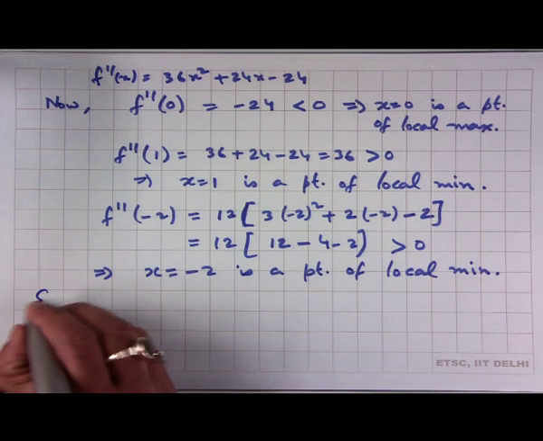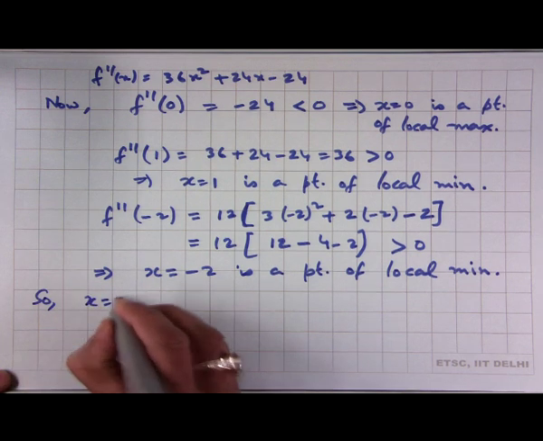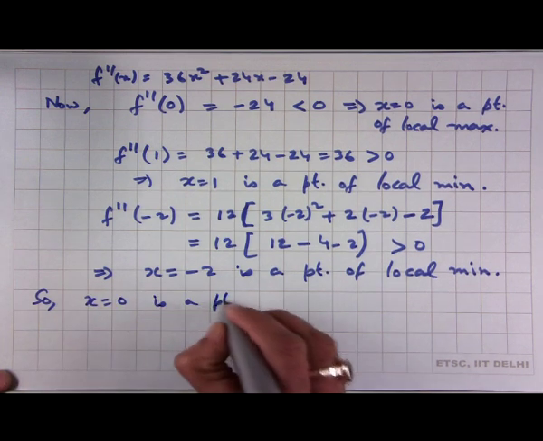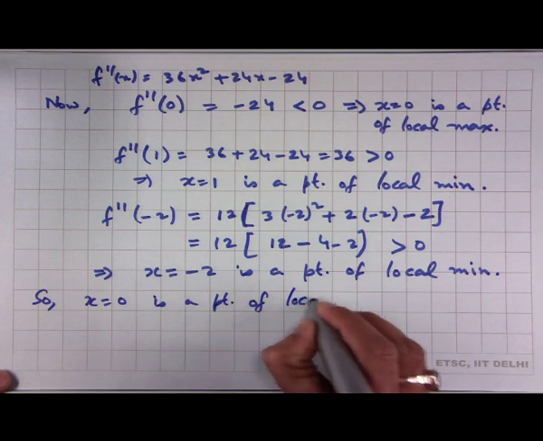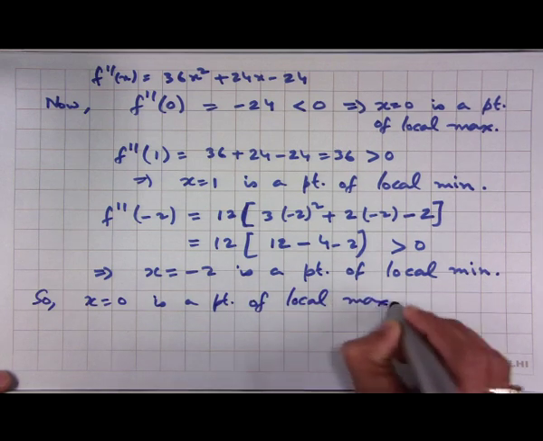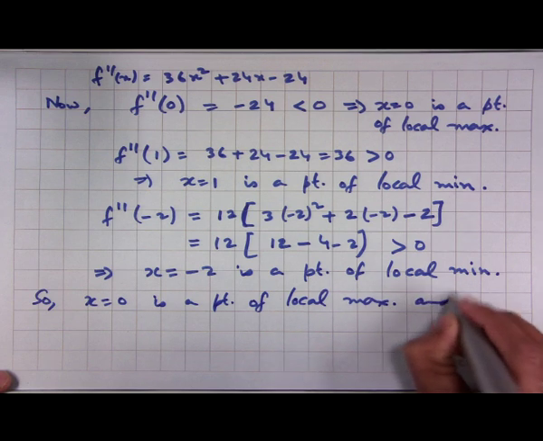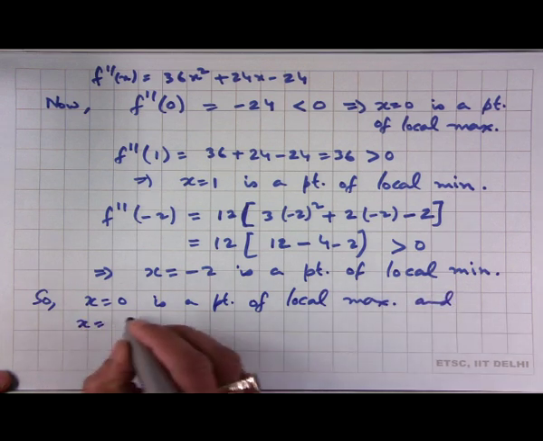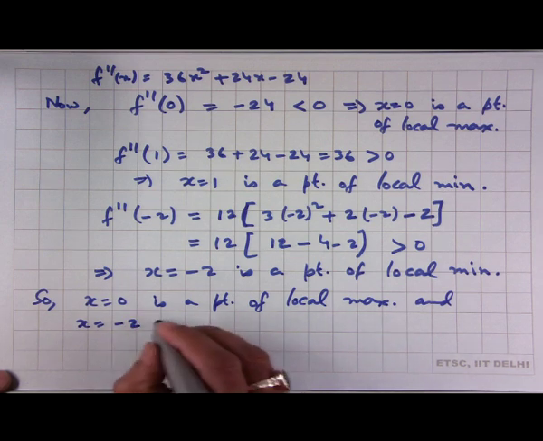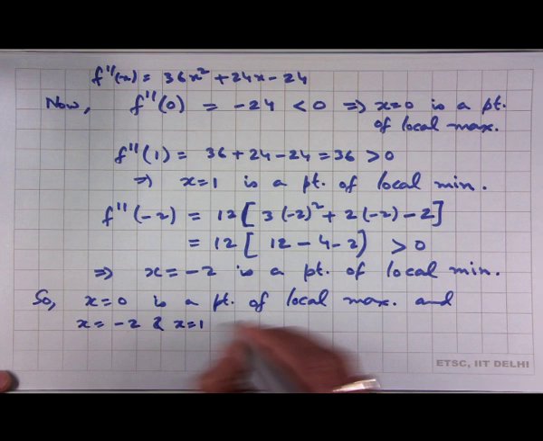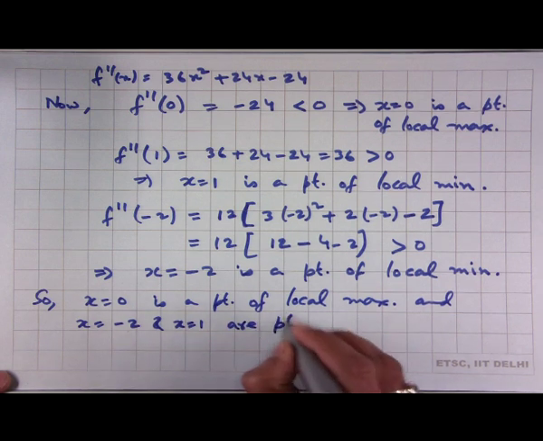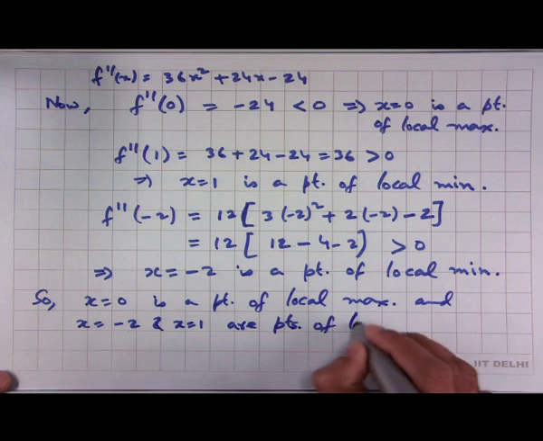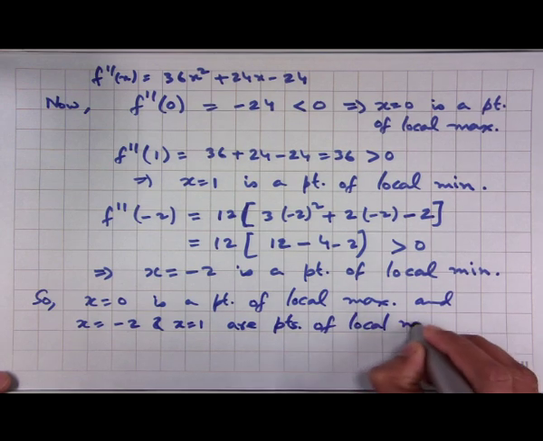So, x equal to 0 is a point of local max, and x equal to minus 2 and x equal to 1 are points of local min.